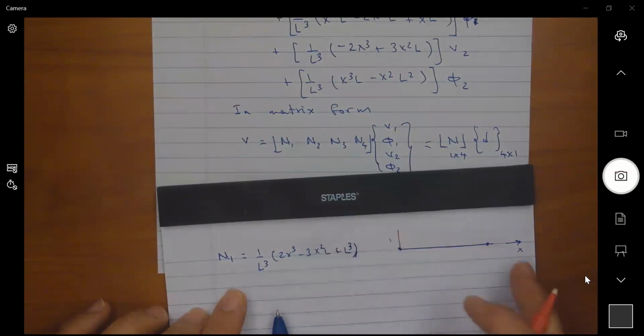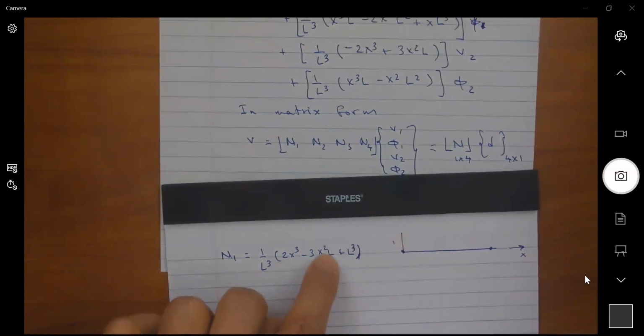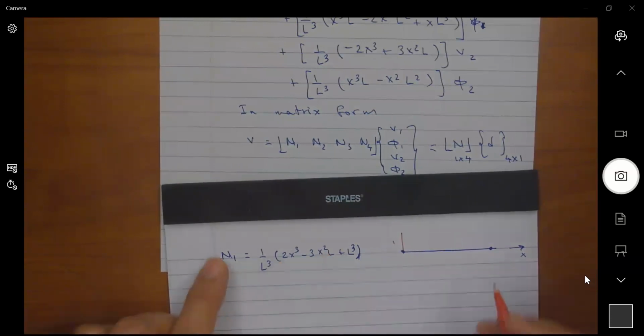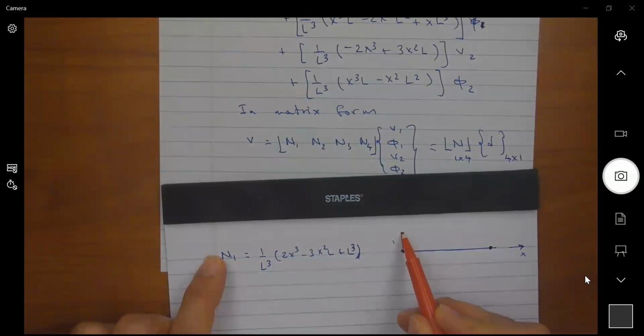If I continue to plot this function, at x equal L, you will find that N1 is equal to 0. And it must be so. If I solve for phi1, it also must be equal to 0, and phi2 must be equal to 0. Therefore, this function is going to look something like this.